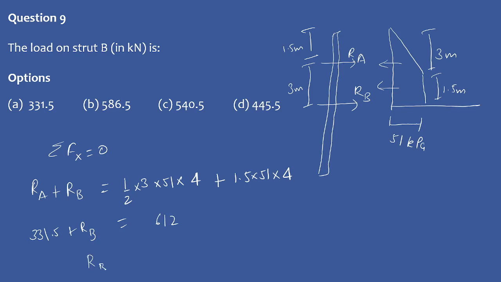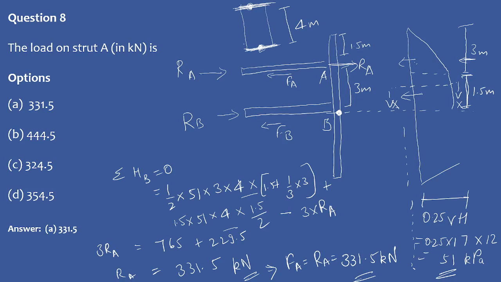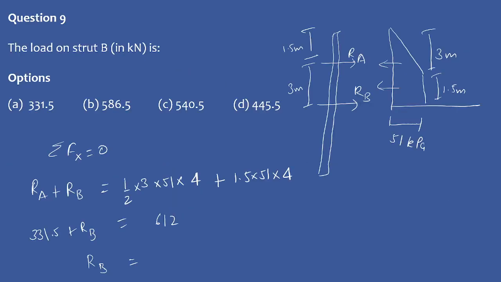So if I evaluate RB, minus 331.5. Did I do anything wrong? 1.5 into 51 into 4, half into 3, reaction at A. So 0.5 into 3 into 51 into 4 plus 1.5 into 51 into 4.